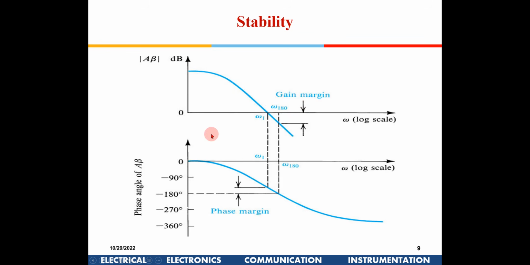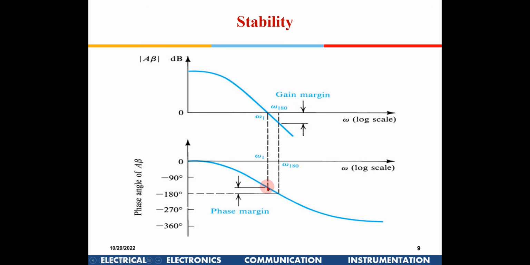To understand how stable a system is, that is why we plot this, and we talk about gain margin and phase margin. So when AB is 0 dB, whatever is the phase at that time, here the phase has not yet reached 180, so that means this much is the phase margin available.